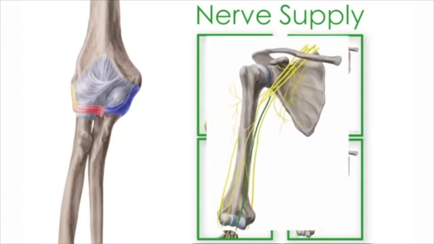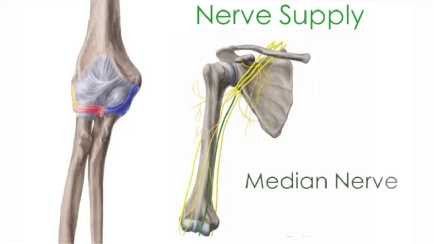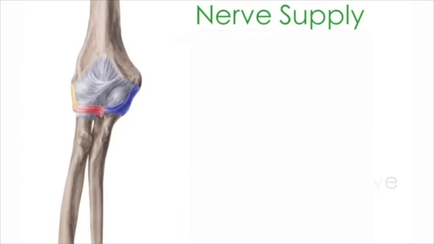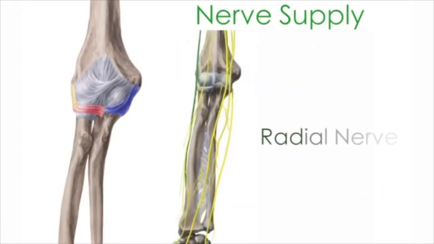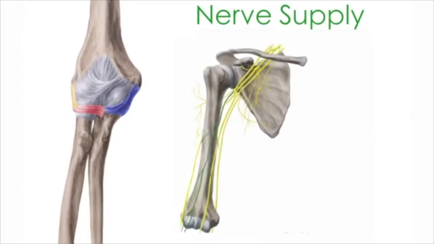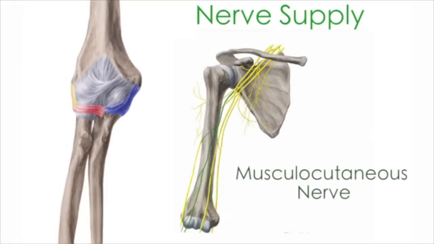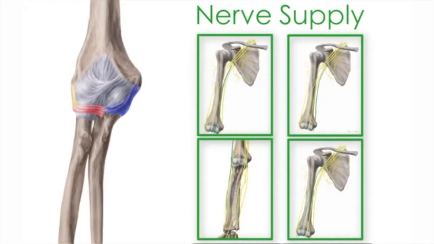The first one that you need to know is definitely the median nerve. Also, branches of the ulnar nerve and the radial nerve will be supplying the elbow joint. And finally, the fourth nerve that will be supplying this joint is the musculocutaneous nerve. All these 4 nerves have branches that will then supply the elbow joint.